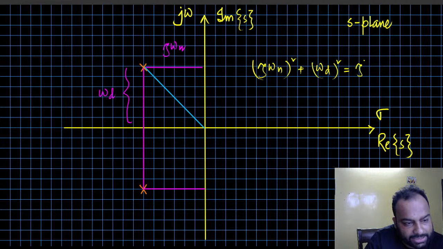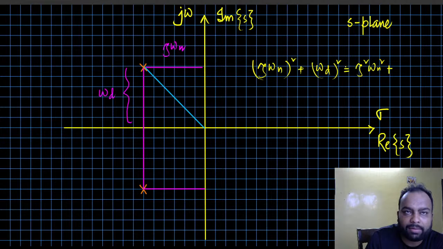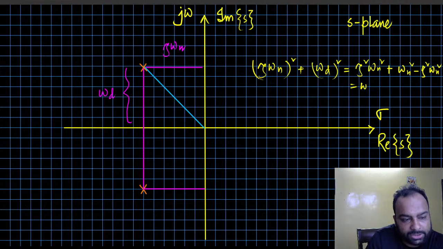That's zeta square omega n square plus omega d square, where omega d is root over 1 minus zeta square times omega n. So omega d square would be 1 minus zeta square times omega n square. So that's going to be omega n square minus zeta square omega n square, which is just omega n square, right? We did this calculation.